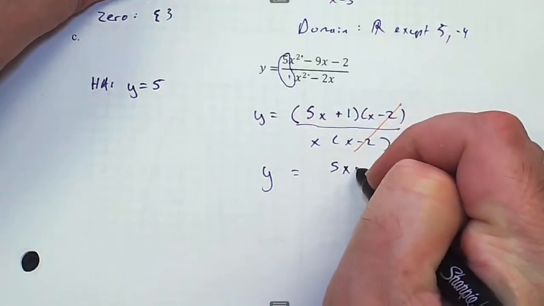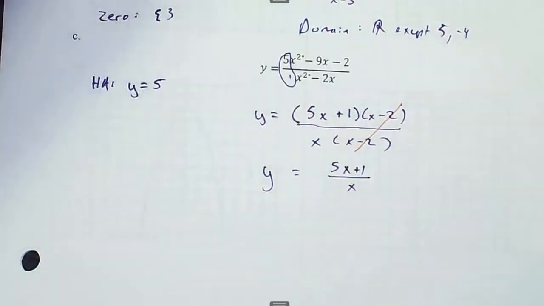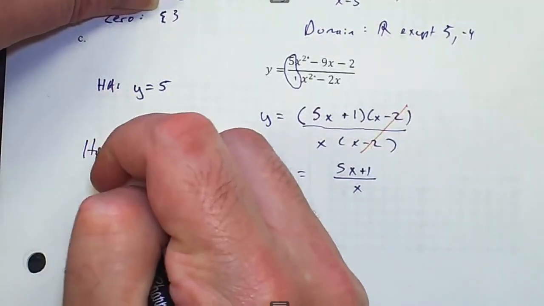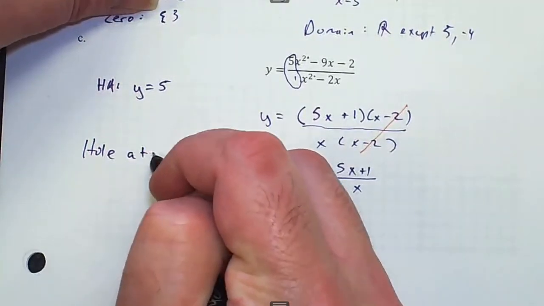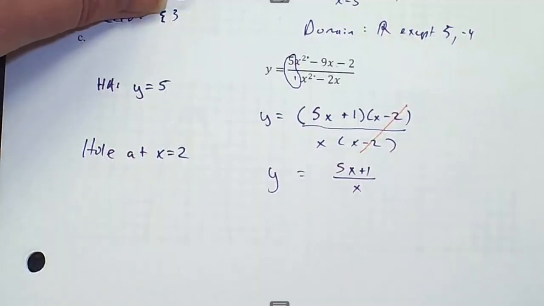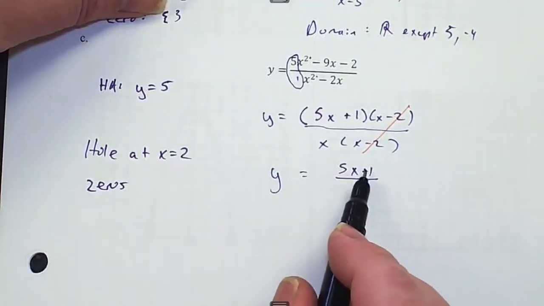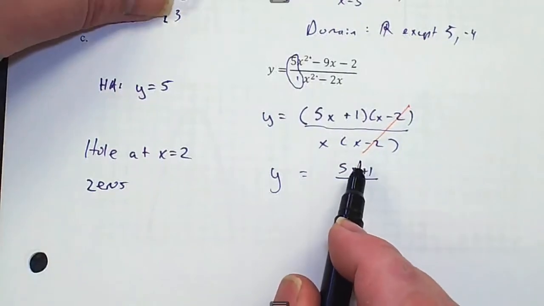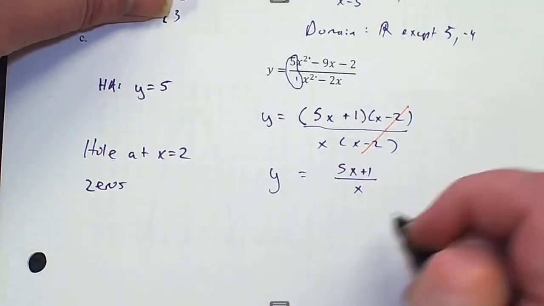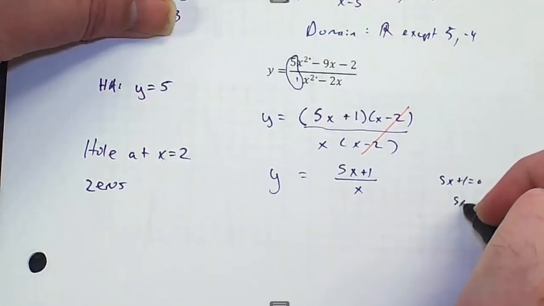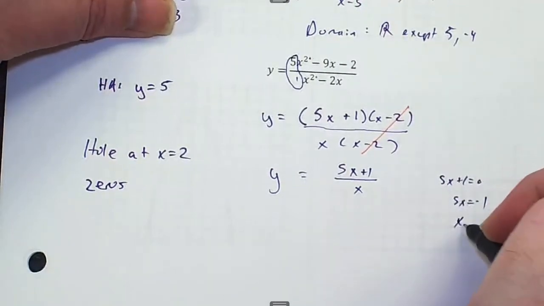So the simplified version of our rational function is (5x plus 1) over x, but we have a hole at x equals 2. This time we are going to have a zero, because zeros are the zeros of the numerator. If you solve 5x plus 1 equal to 0, you get x equals -1/5.